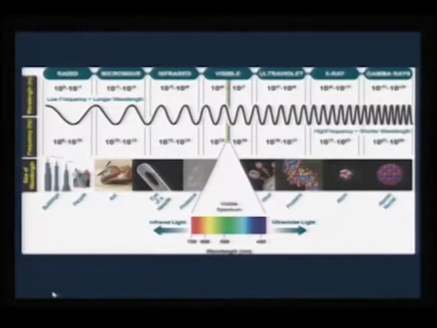Just to familiarize yourself where we stand as far as this approach is concerned in the electromagnetic spectrum, this is the microwave region, and the size of wavelength is of this order, where it is from centimeter to millimeter, a size of an ant we can say, and the frequency is of the order of 10^10 to 10^12.